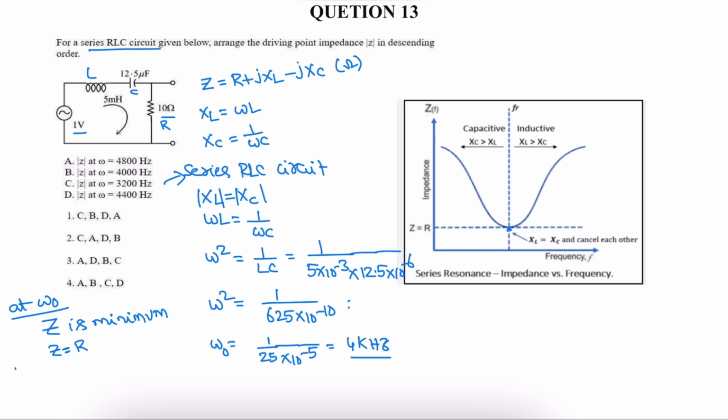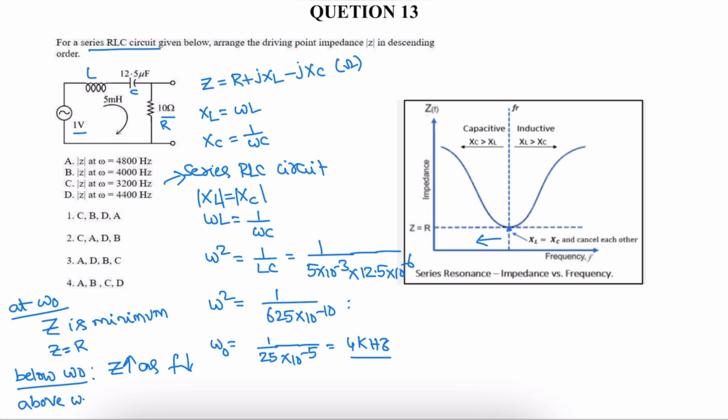Below resonant frequency, that is below omega naught, impedance Z increases as frequency decreases. So as frequency is decreasing, impedance value is increasing, and capacitive reactance is more dominating.